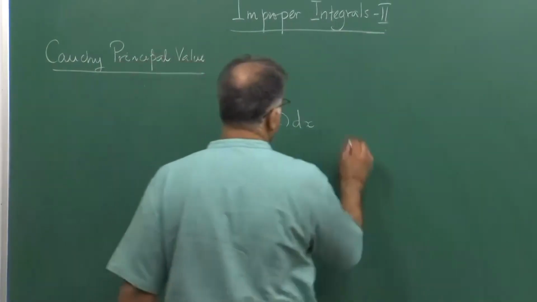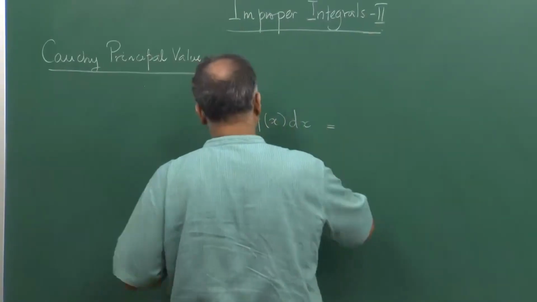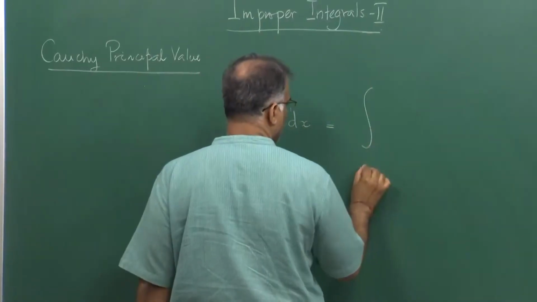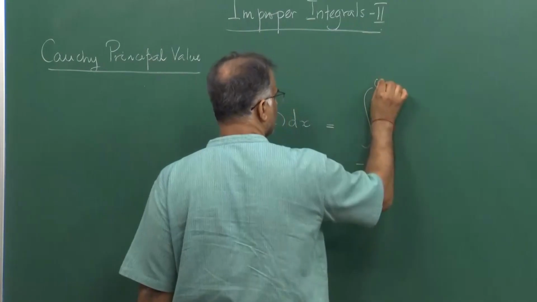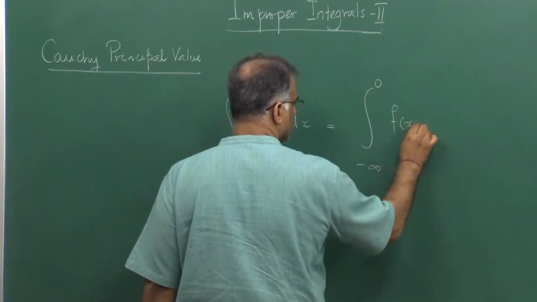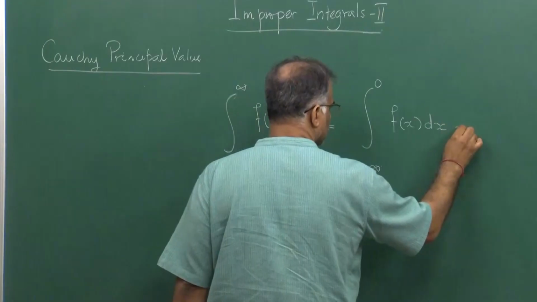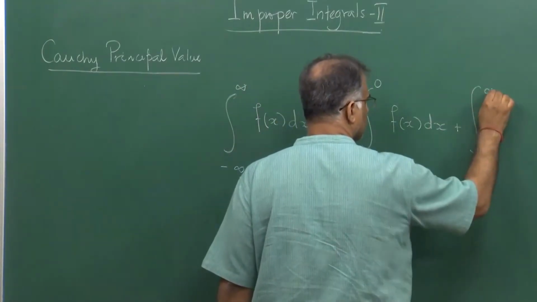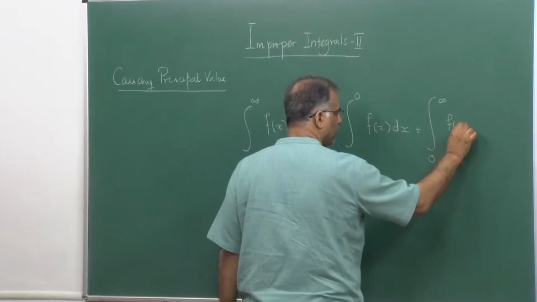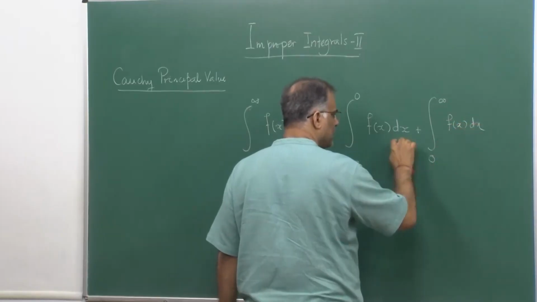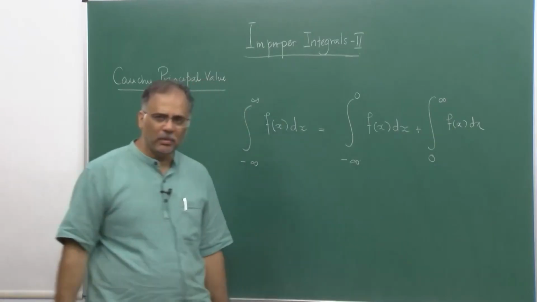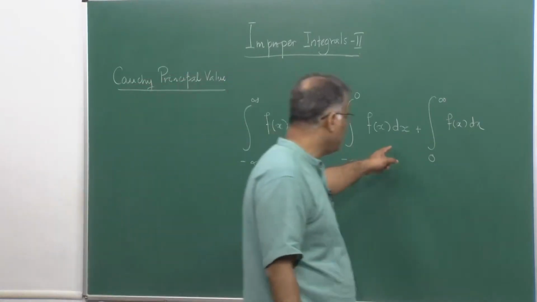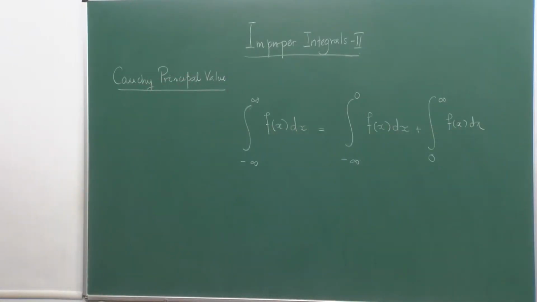So maybe I would say, let me think that I can write the integral, if it is at all convergent, into two parts. Each of them is an improper integral, and if I can show that each of them has a finite value, then the integral must have a finite value. That would be the basic intuition.